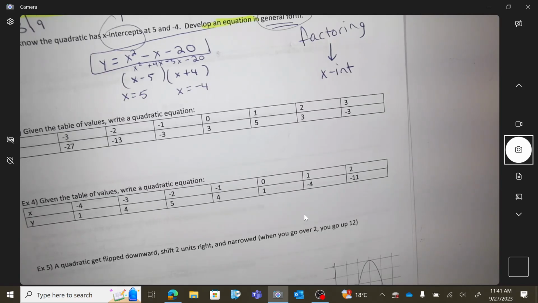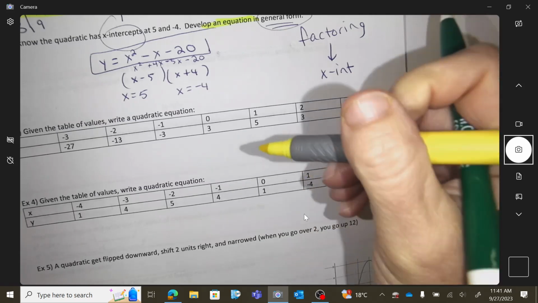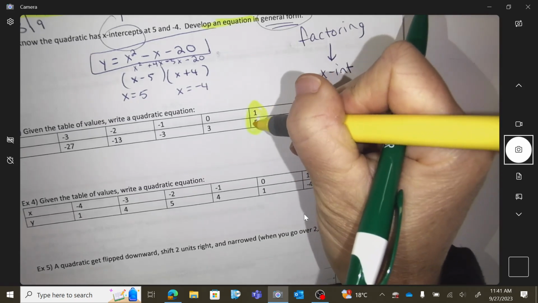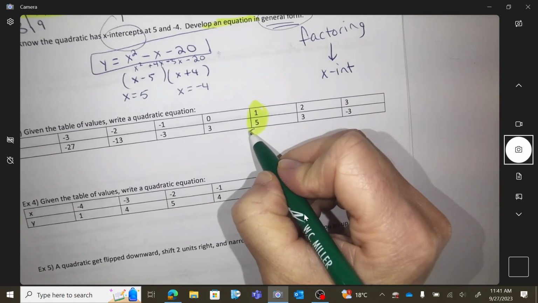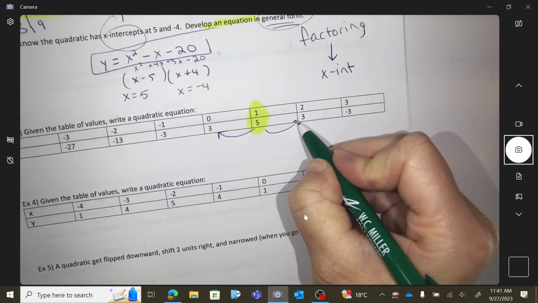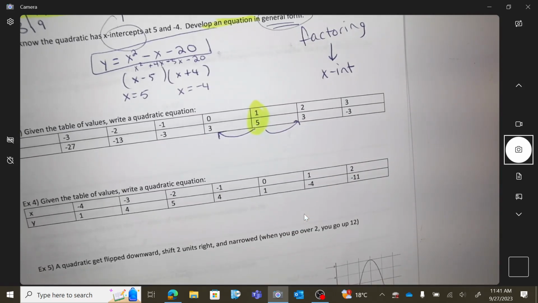Can you find something? I'm picking this spot. Did anybody find that? Because look at what's on both sides of the 5. 3 and a 3. That's a pair around the 5.